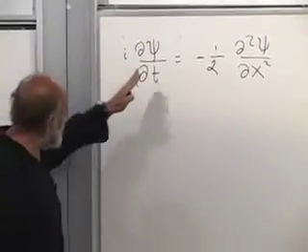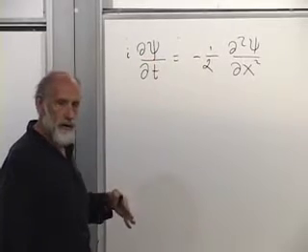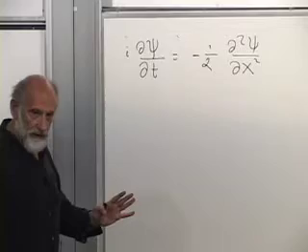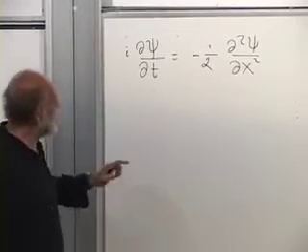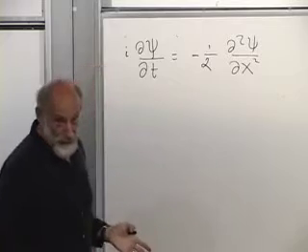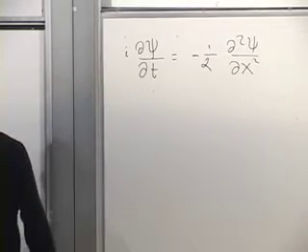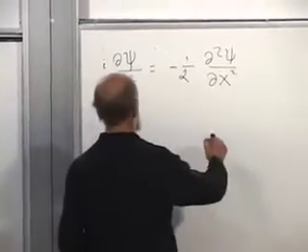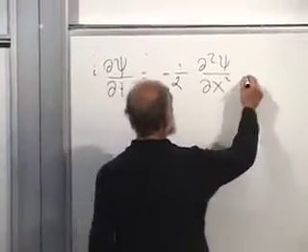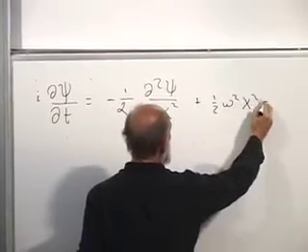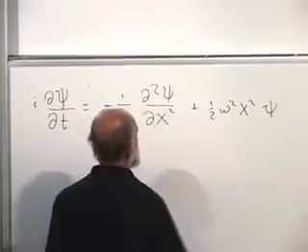This is the derivative of psi of x with respect to t, but at fixed x. Okay, good. This is the derivative of psi with respect to x at fixed t. Okay, so that's the first term, and the second term is plus 1/2 omega squared x squared times psi of x.